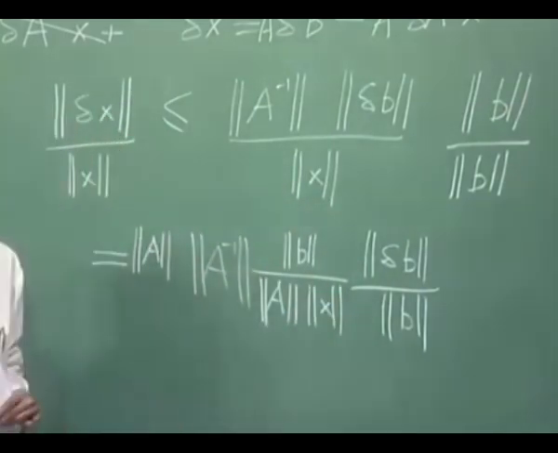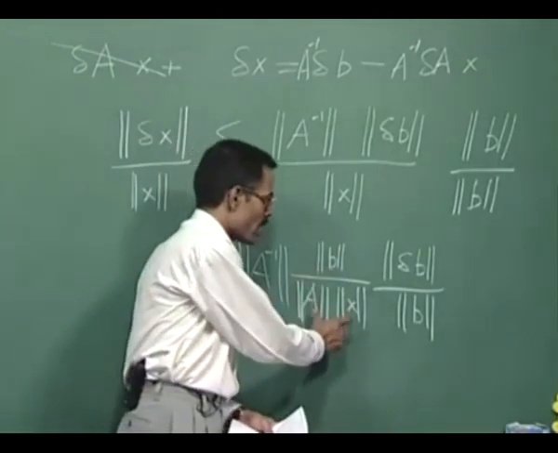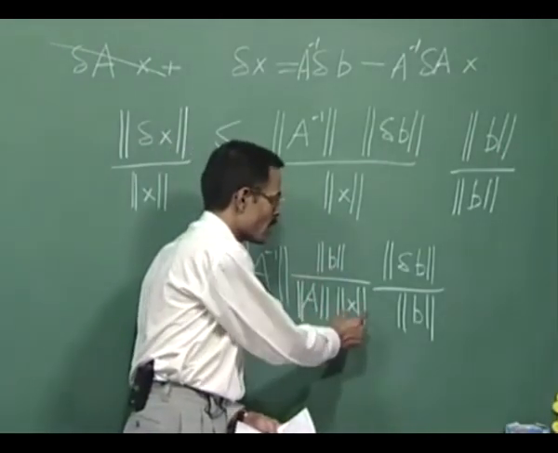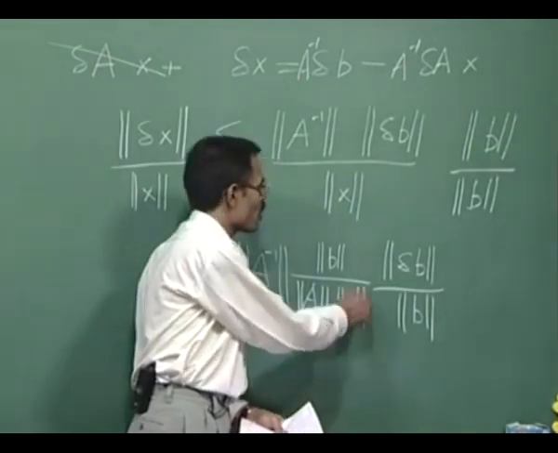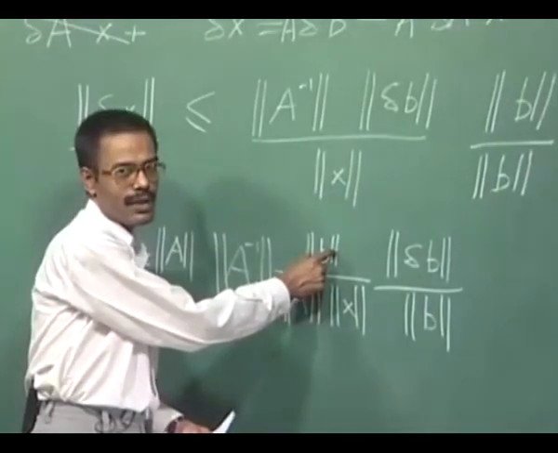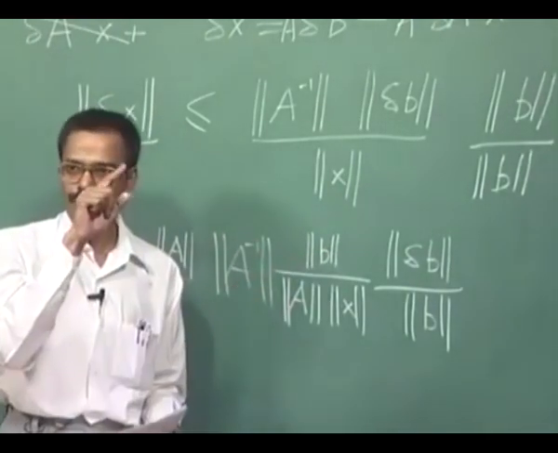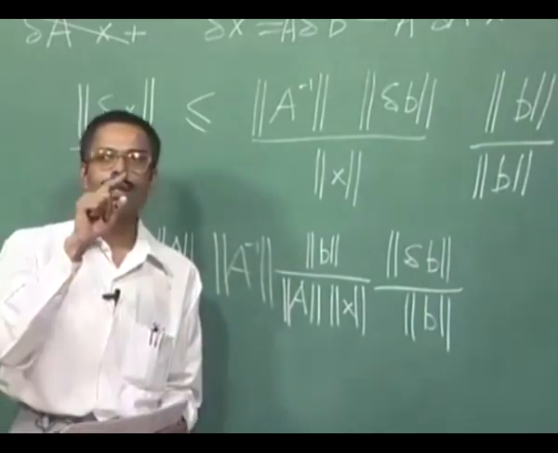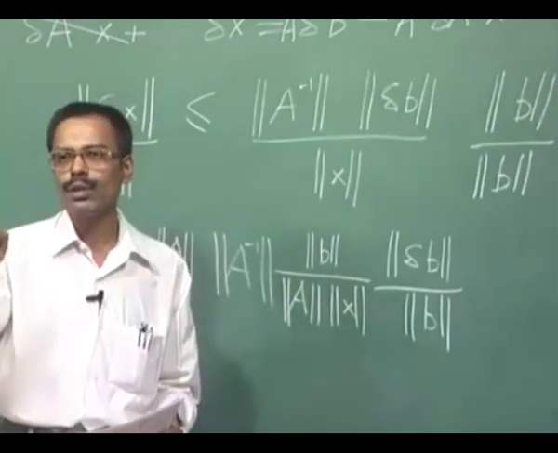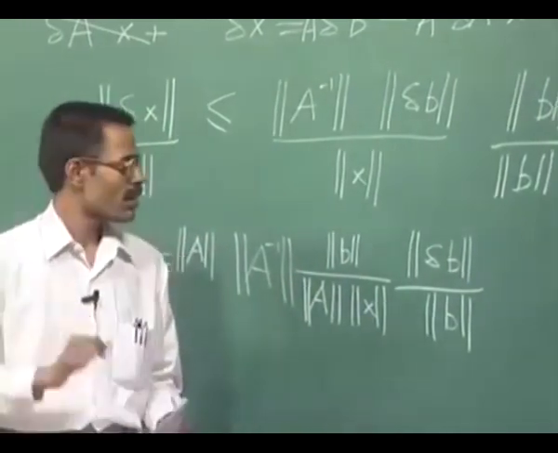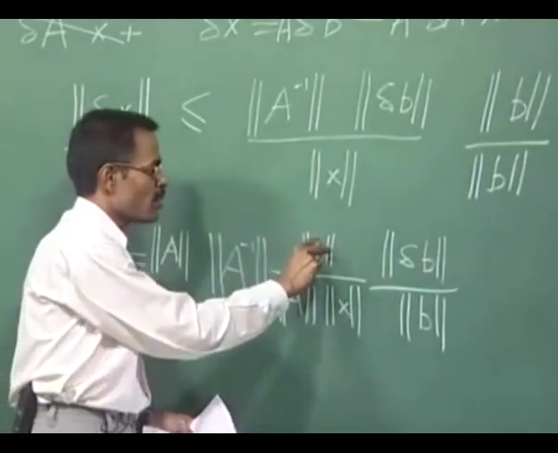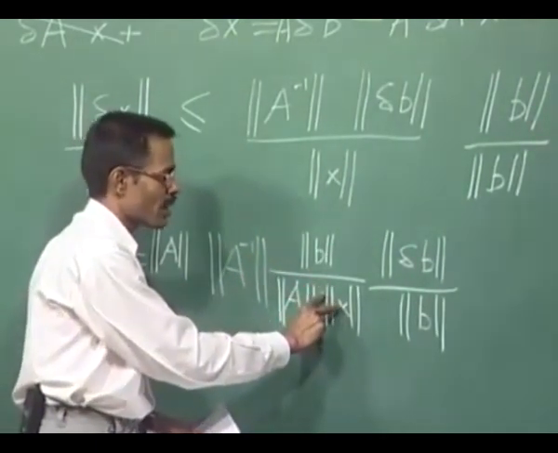Now, again remember that compared to the norm of A into the norm of x, the norm of b will be less. That is because of that same old relationship, that the norm of Ax is less than or equal to the norm of A into the norm of x. That is why this will be less than or equal to this.